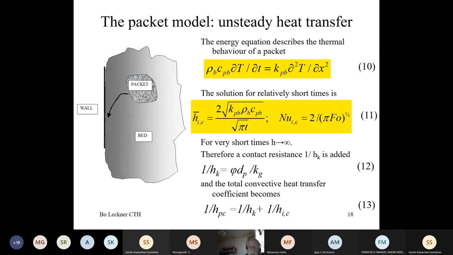And most of the space between the particle and the wall is a gas lens between the wall and the particle. So there is a gas gap, which is modeled in relation to the particle size here. And this is modeled as a resistance. So the total particle convection is this particle convective term and the resistance in the gas gap.